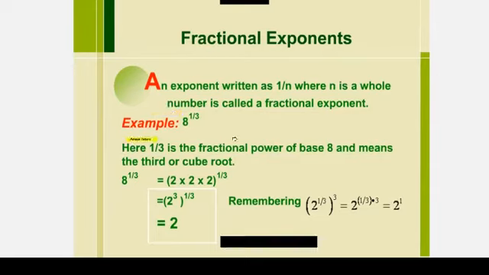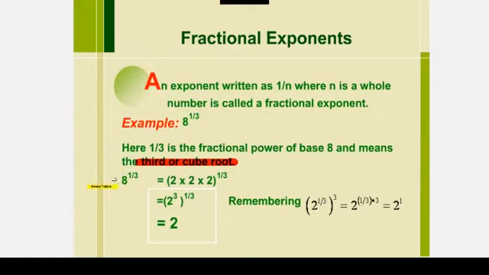Here 1 over 3 is the fractional power of base 8 and it means the third root or cube root. Look at the sentences carefully. It's called third root or cube root. Now 8 power 1 by 3. How can I simplify this?